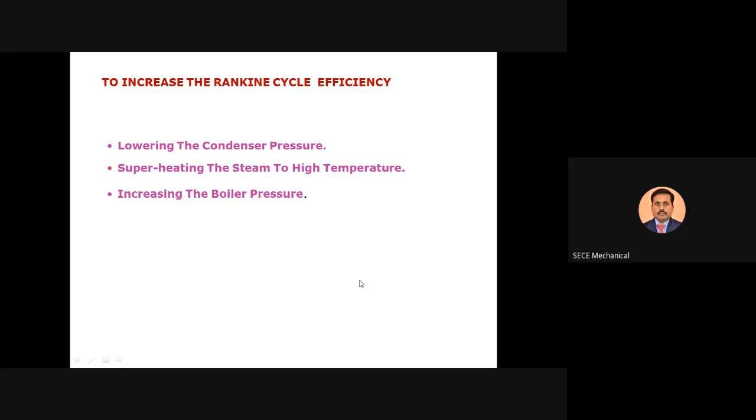And the second one is superheating. Superheating is further heating up the steam, so that any water vapor particles present in your steam are fully converted into steam. Due to waste heat recovery, only some of the water vapor particles may be converted into steam, and some may still be present.